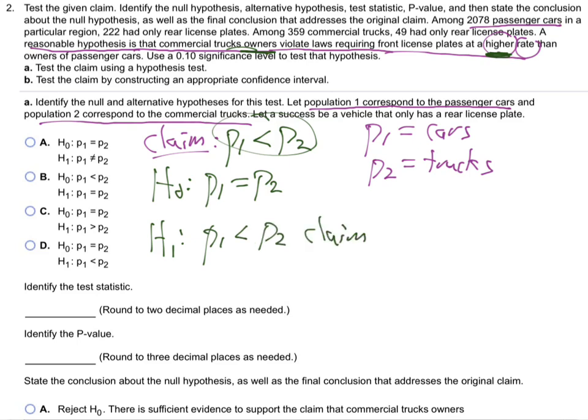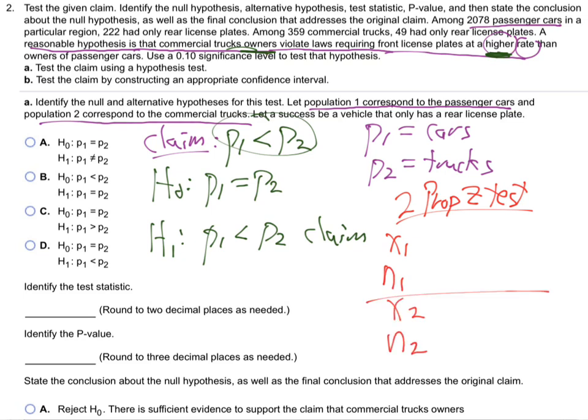Now this time we do have to use our calculator, right? They're not giving us the numbers. So take your calculator, crank them out. We're going to do the two-prop Z test, and we have to have x1 and n1, and x2 and n2.